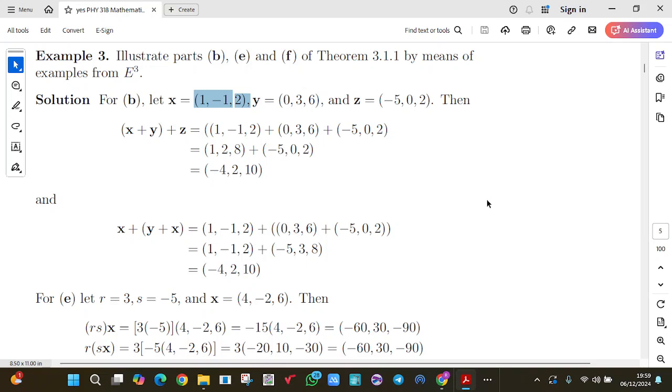So the law fails. Anytime your result does not give you the space you are working in, it means that the law has failed. Is that okay? Yes, sir. So you must be careful, because I'm teaching you here now, but maybe in your exam I can put rational numbers.